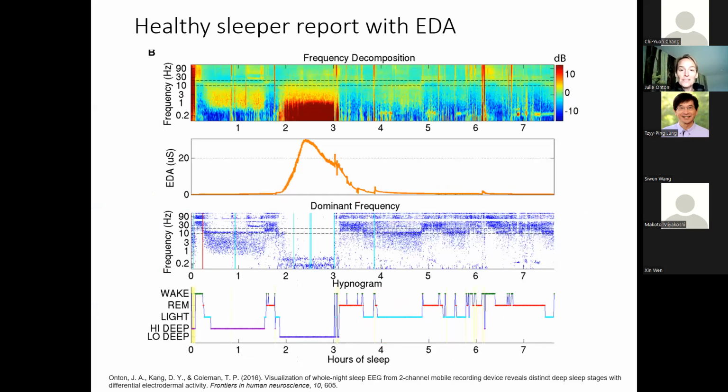But it's not all deep sleep. It's only low deep sleep, not high deep sleep. That's probably why they didn't find it in all deep sleep, because they didn't know the difference between low and high deep sleep. This is one of the reasons why I thought that these are physiologically different stages, that they are doing different things and have different physiological characteristics.